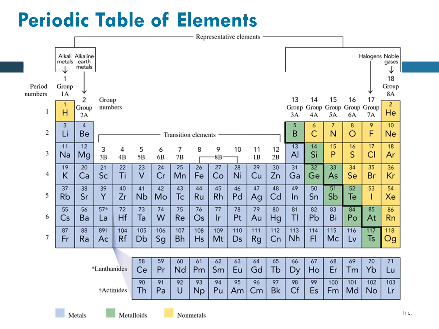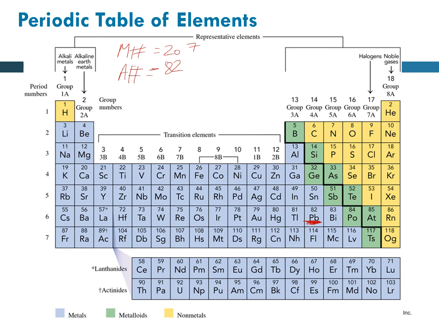The question is about lead. Lead is Pb. Let's find where Pb is located on the periodic table. Pb is right here. The question told me that the mass number of Pb is 207. I know from my periodic table that the atomic number of lead is 82.